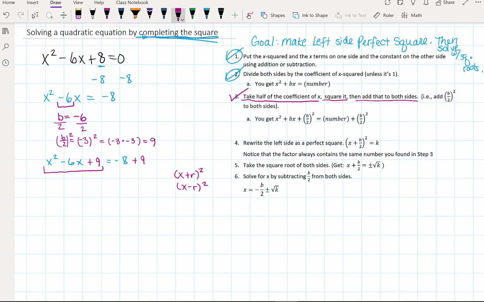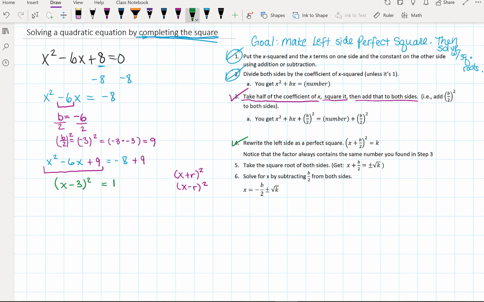So this left-hand side is one of those perfect square trinomials, and I can rewrite it as x minus 3 squared. If you're not sure you have that exactly right, multiply it back out to check. And on the right-hand side, I have negative 8 plus 9, that's just 1.